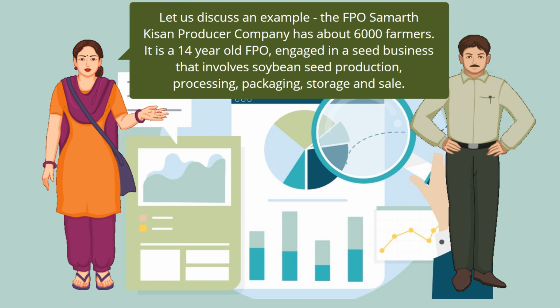The FPO Samarth Kisan Producer Company has about 6,000 farmers. It is a 14-year-old FPO engaged in a seed business that involves soybean seed production, processing, packaging, storage, and sale.